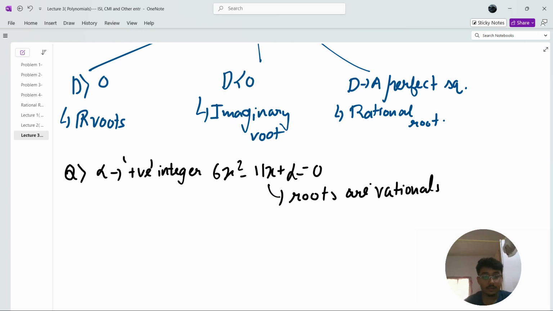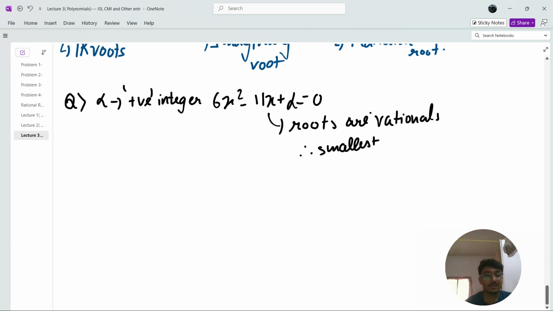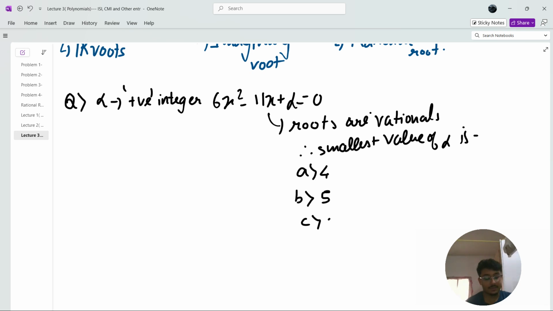The smallest value of alpha is: option A is 4, option B is 5, option C is 6, and option D is none. If you want to solve it yourself, just pause the video and do it. I want to give you 1 minute before I move on to the next screen.